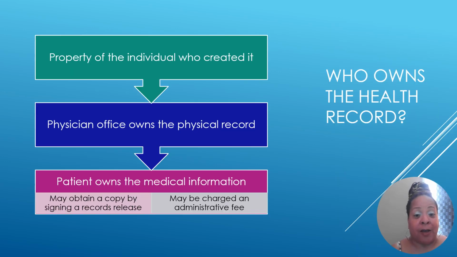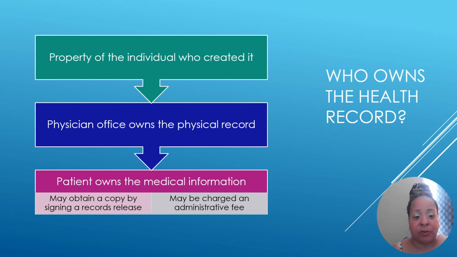All right. Now, here's where it gets tricky. So, who owns the chart? Who owns the health record? Let's take this back to a paper chart to give you a bit of how you could envision this. The actual paper chart, the doctor owned it.